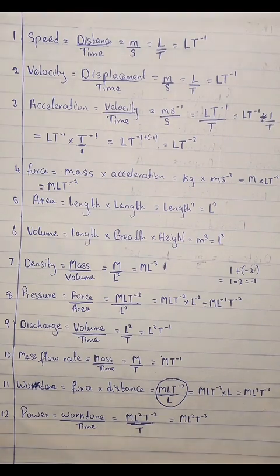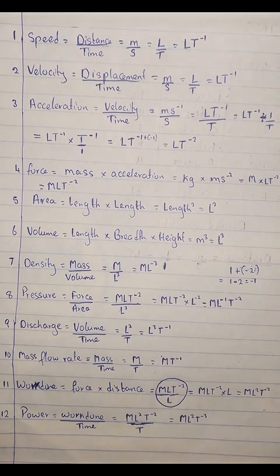Now strain is a dimensionless quantity. Reason because strain is given as elongation all over length. Elongation is what? Meters. Length is meters. So we have meter divided by meters, and if we divide, we have nothing left. We have just one.